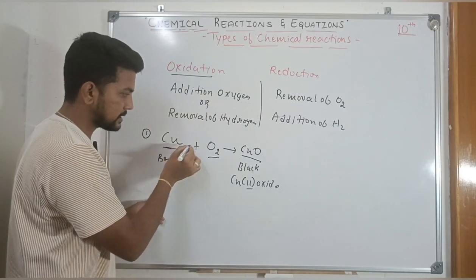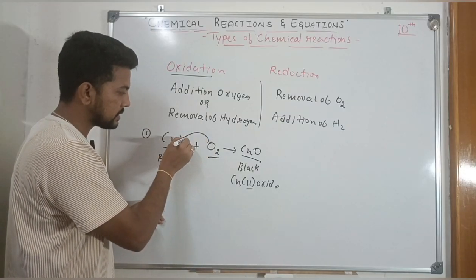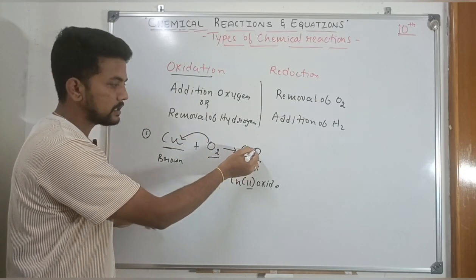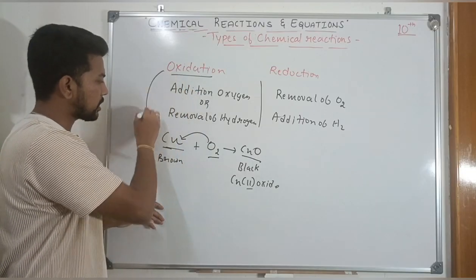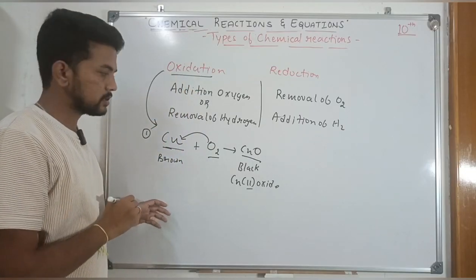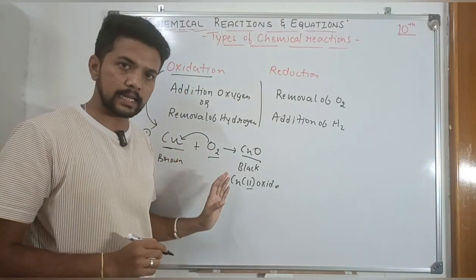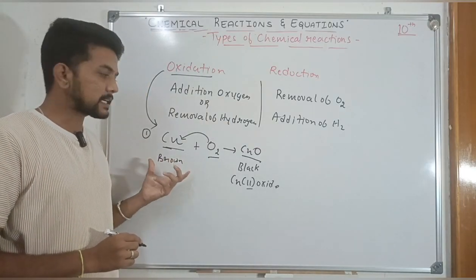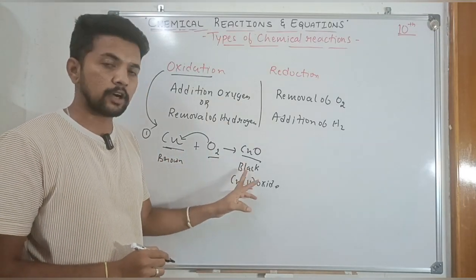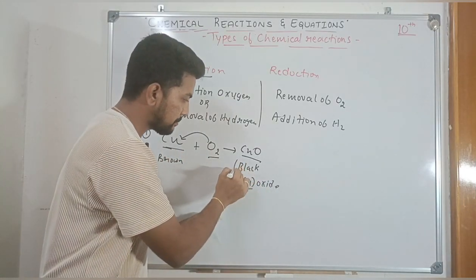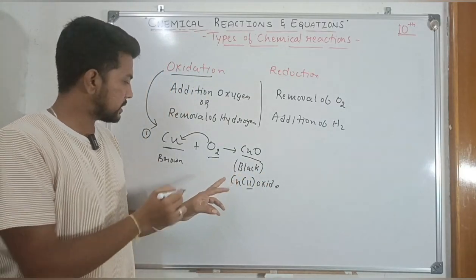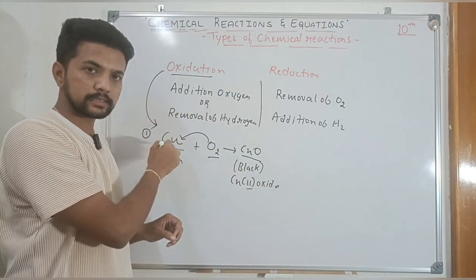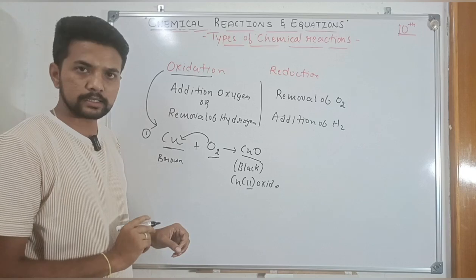Oxygen has been added to the copper, giving copper oxide. That's why it is called an oxidation reaction. So this is an example of an oxidation reaction. Here copper is oxidized to form copper oxide.